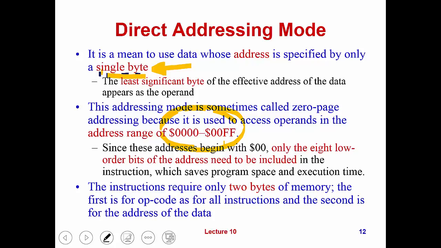So this type of address mode is sometimes called the zero-page address mode. Zero page, because all the addresses have to fall into the region from 0000 to 00FF. They never go beyond one page. So all the data we can access is always on this page.